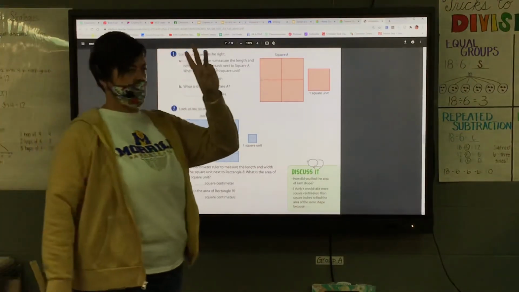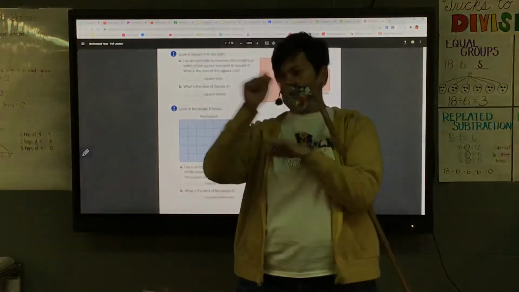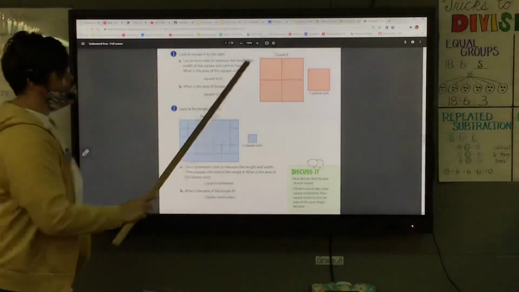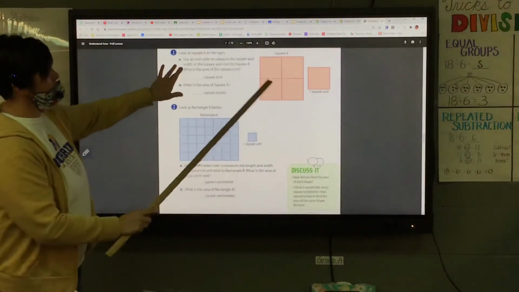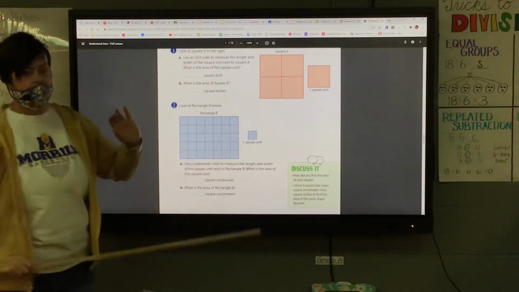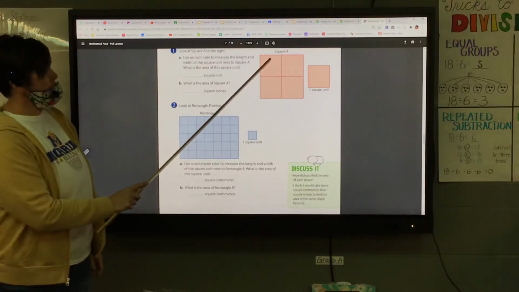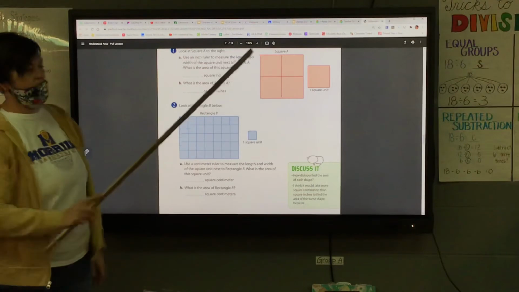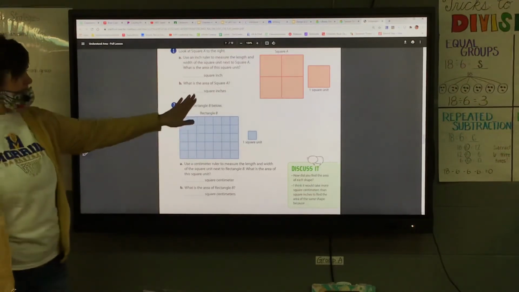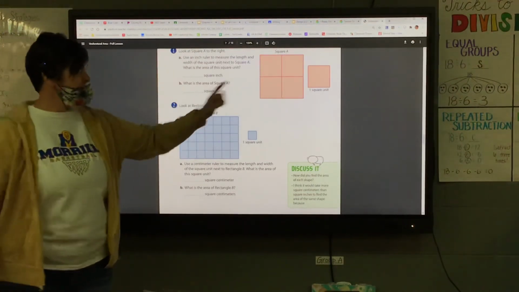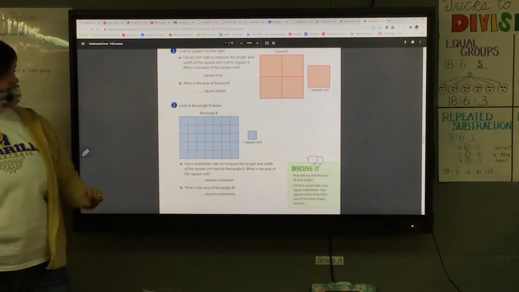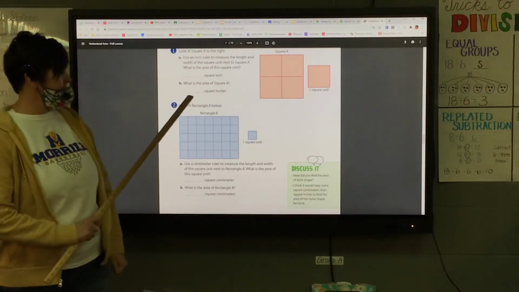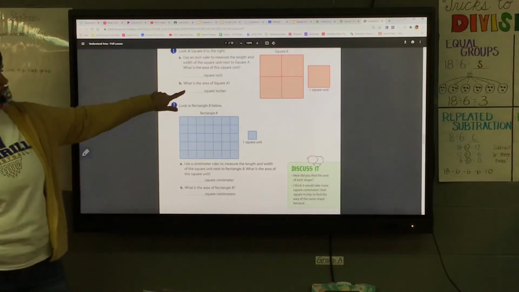What do you think it is for this whole square? Count with me. 1, 2, 3, 4. How many square inches is square A? 4 square inches. Let's jot that down on part B.